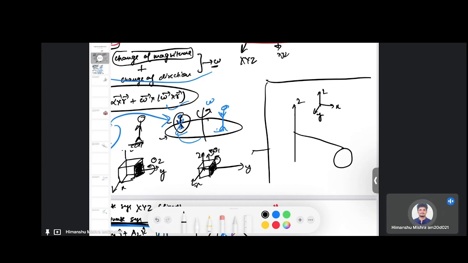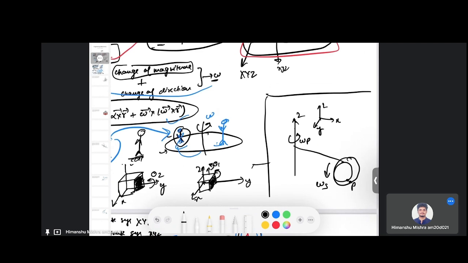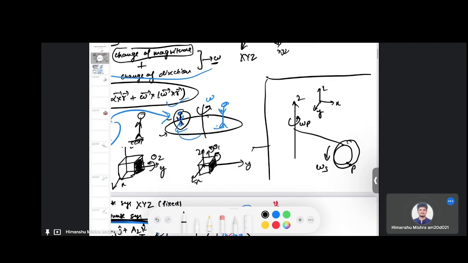Let's say this z axis is rotating with some angular velocity omega p, and this is a disk with point P, and it is rotating with angular velocity omega s. Then the resultant angular velocity of the disk, provided that it is precessing with omega p, will be omega equals omega s plus omega p. So this is the resultant angular velocity of the disk, right?